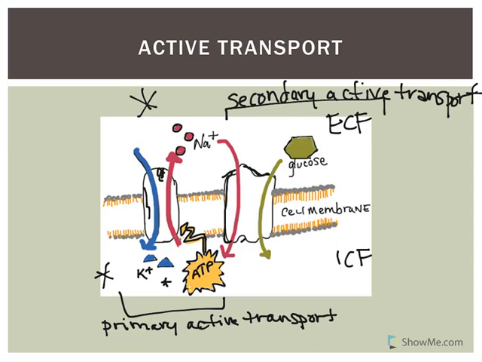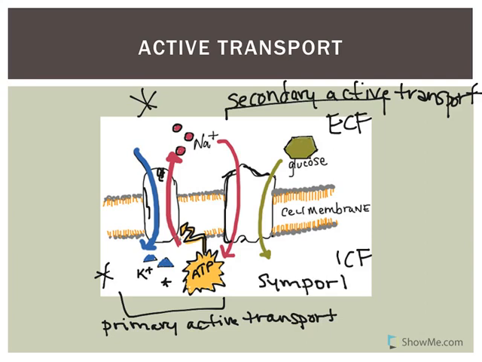It makes it very favorable for sodium to come in, but this protein will only allow that sodium to come in if glucose is along with it. So glucose is being co-transported with sodium. This is an example of what we refer to as co-transport, and we can even refer to what you see here as symport.